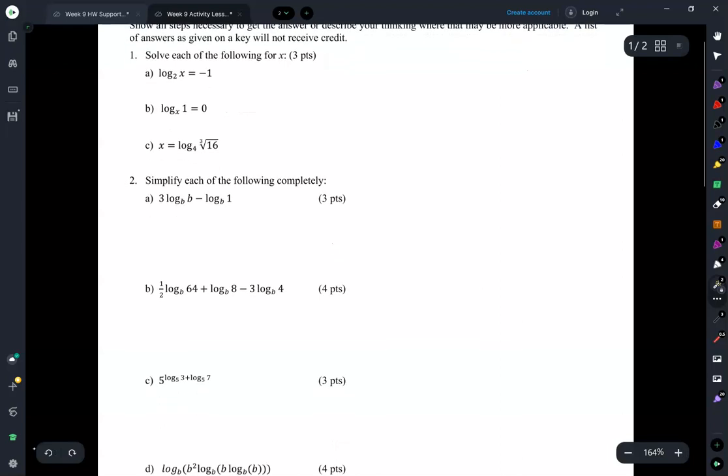You're going to be using your log properties. You might have to rearrange some things. Like remember, you can put this half that goes in front up here as an exponent and calculate that, and then boil it down as far as you can.